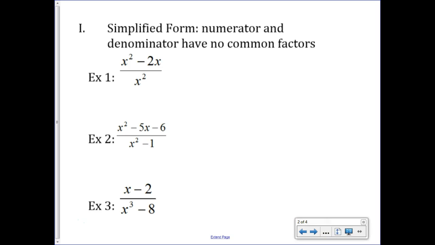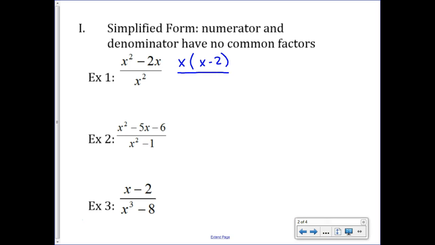So when it is in simplified form, the numerator and the denominator have no common factors. So what you're going to want to do is to try to factor out everything you can, because you can cancel things out that are multiplied. So if I look, the numerator, x squared minus 2x, I can take out an x, and then I'm left with x minus 2.